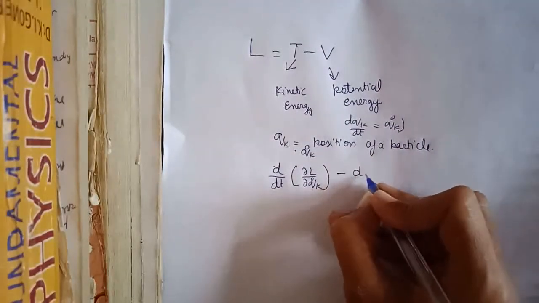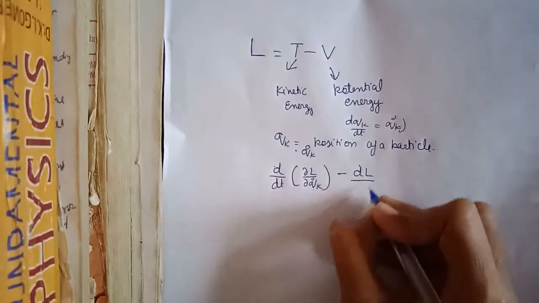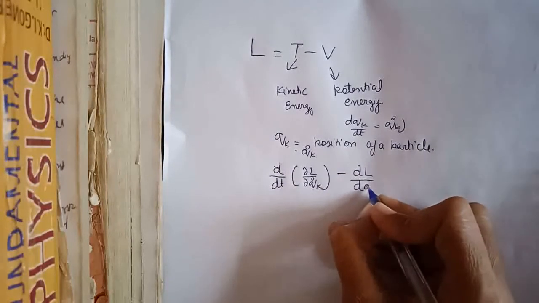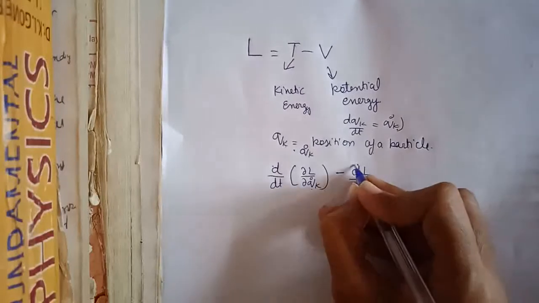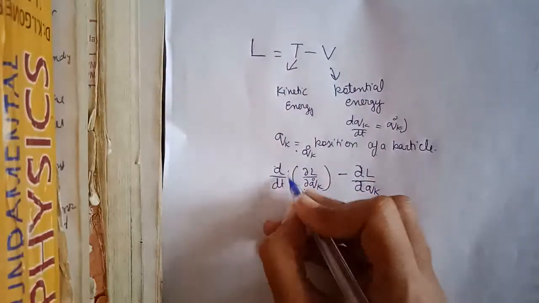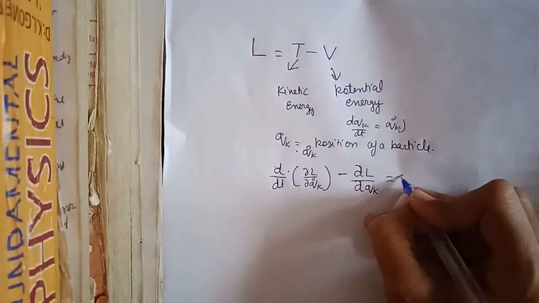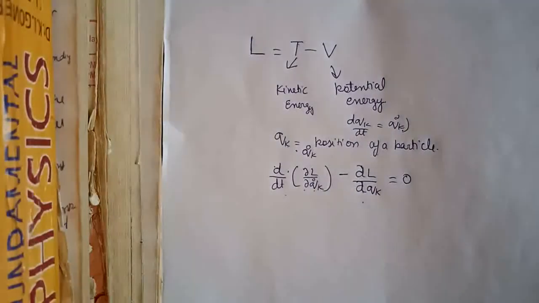Minus del L by del qk. It's del over here, and it is also del, and this is d by dt, is equal to 0. This is the Lagrange equation of motion.